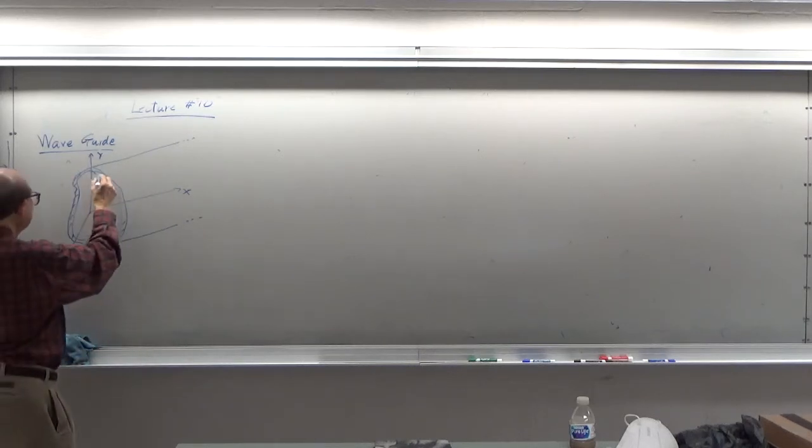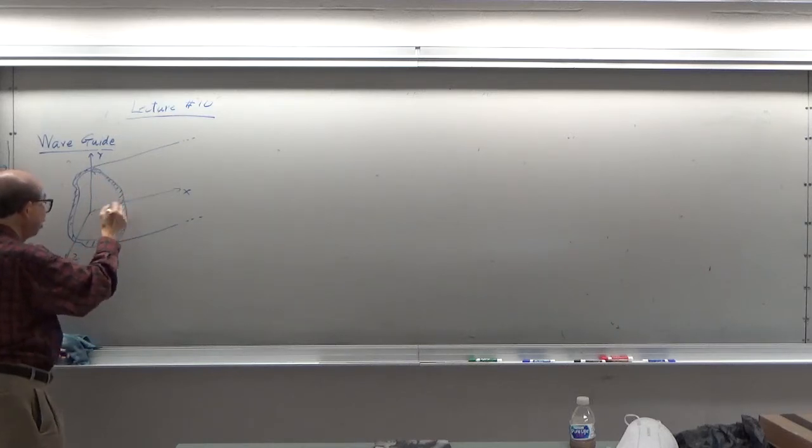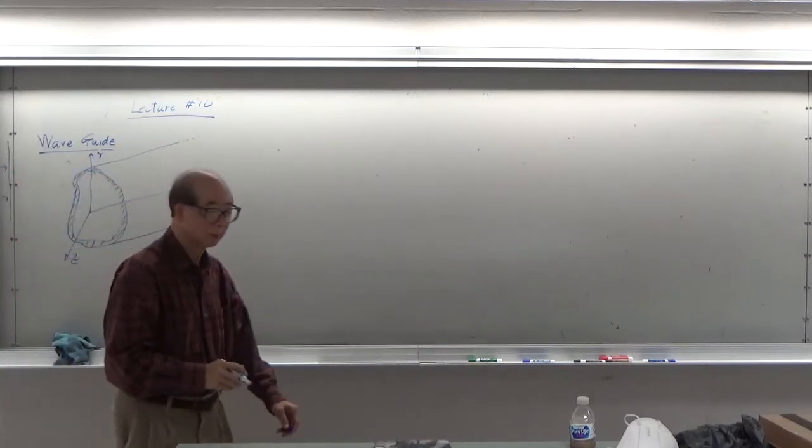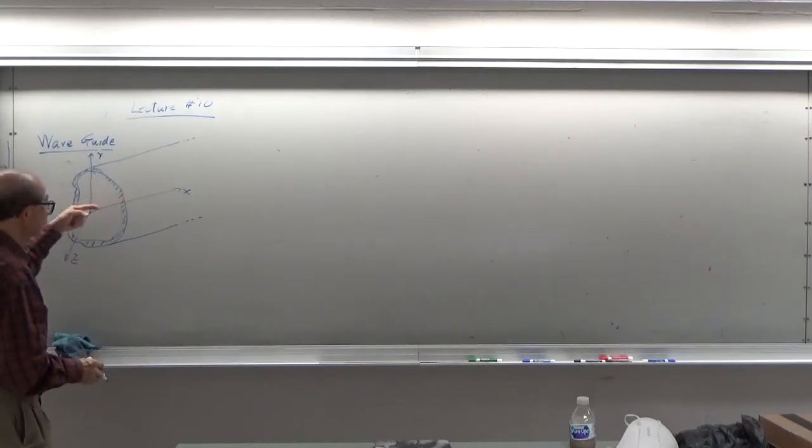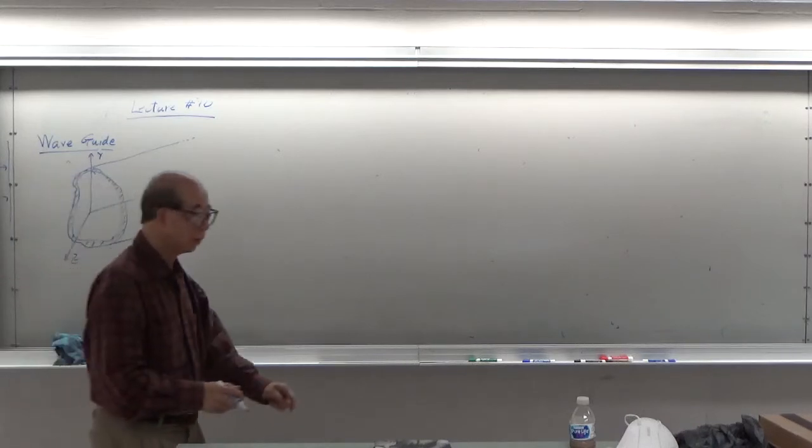So this cavity inside this hollow conducting pipe is the region that the electromagnetic waves would travel, say, along the X direction.